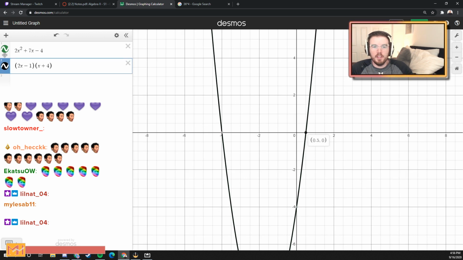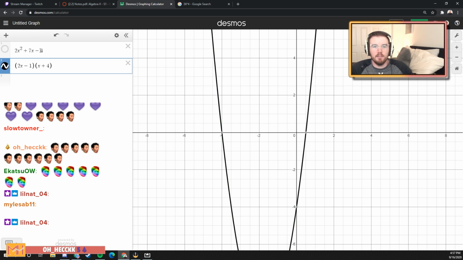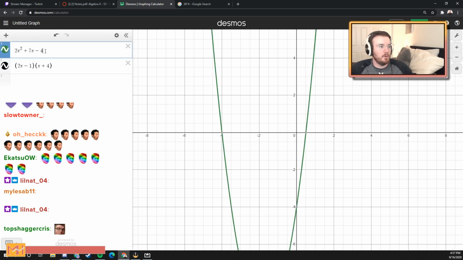So the green graph and the black graph are the same. I can't stress that enough, right? This is standard form and this is factored form. They're the same graph. But what's nice about factored form is I can see the zeros, because that's what these are called.